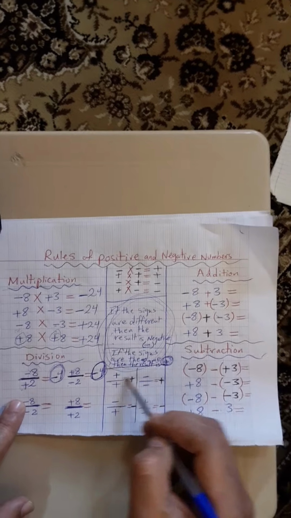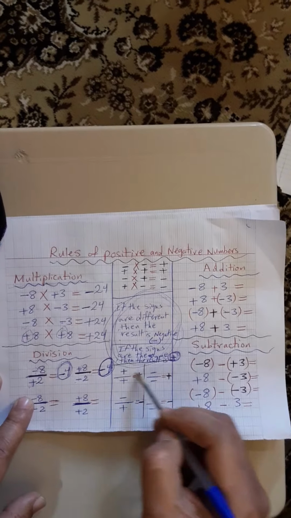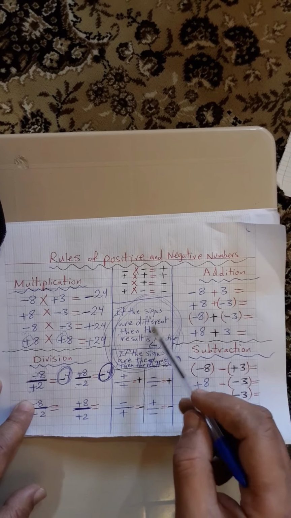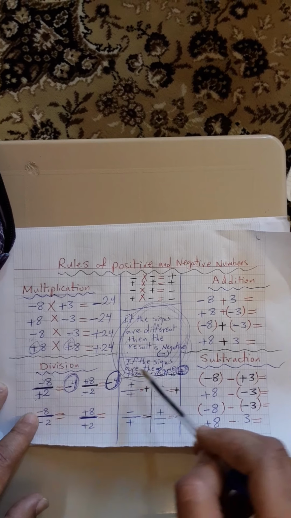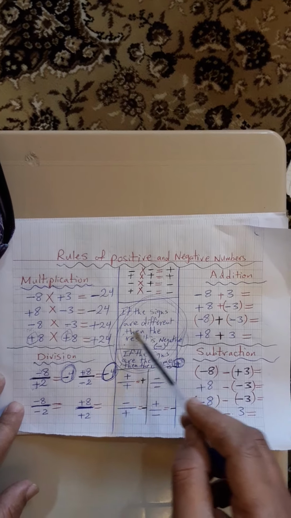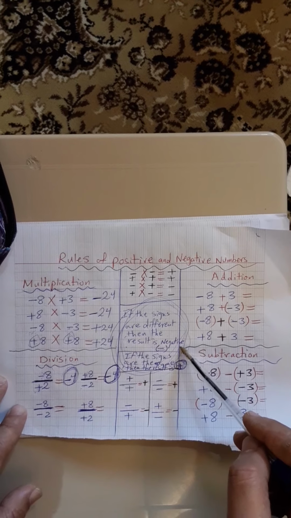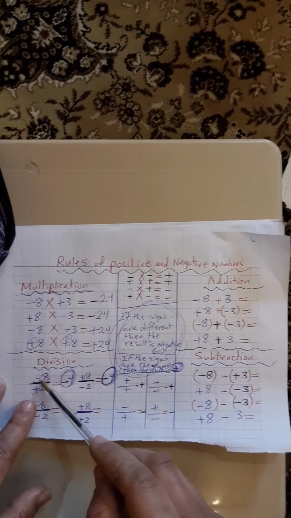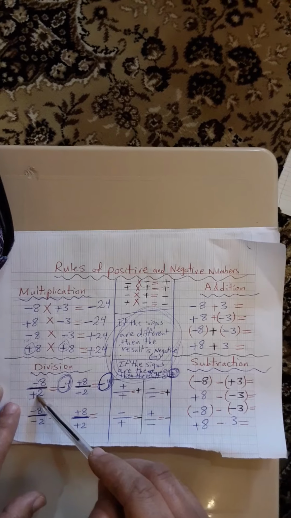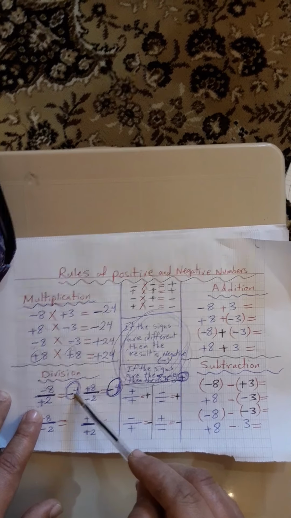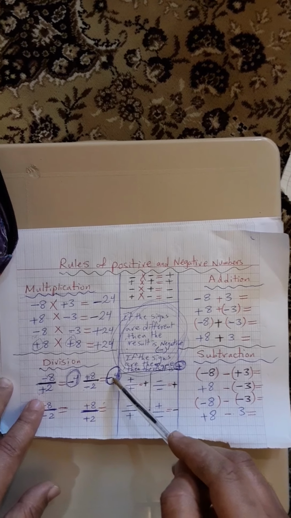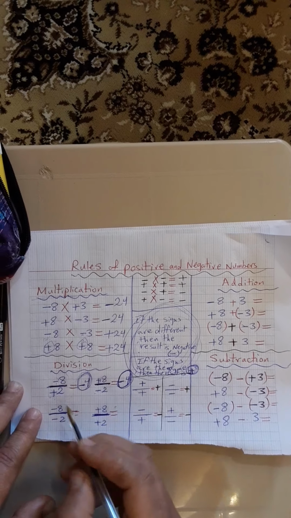These are the rules of multiplication and division: if the signs are different, then the result is negative. Minus 8 over plus 2 is minus 4, because the signs are different. Plus 8 over minus 2 is minus 4.